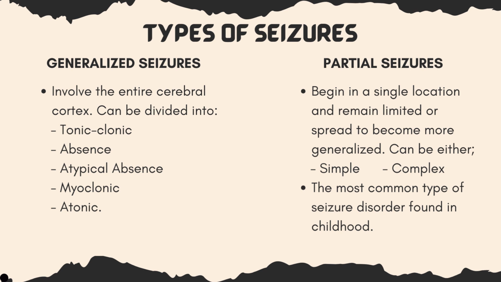They can be either simple partial seizures or complex partial seizures. This is the most common type of seizure disorder found in childhood. However, an individual may experience both generalized and partial seizures, which is called a mixed seizure disorder.